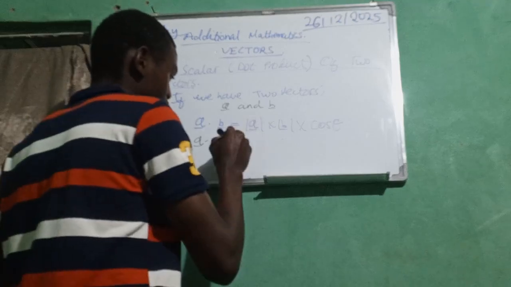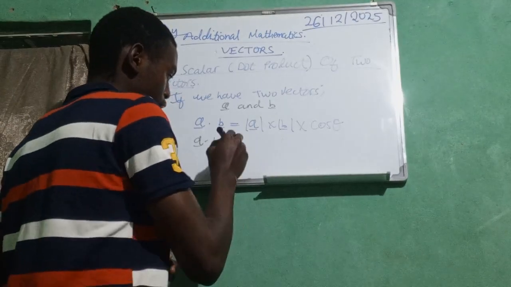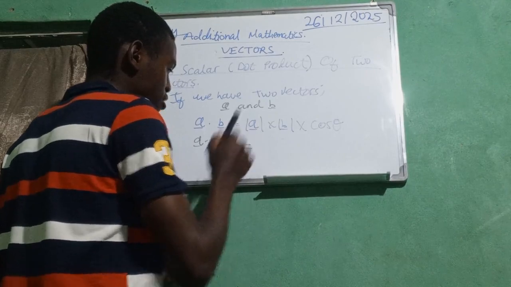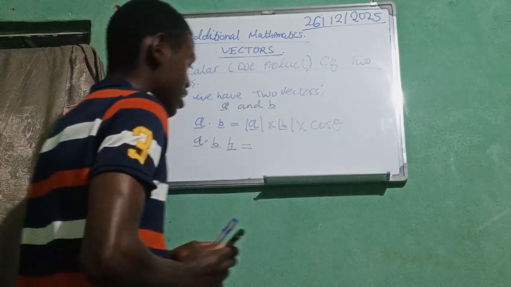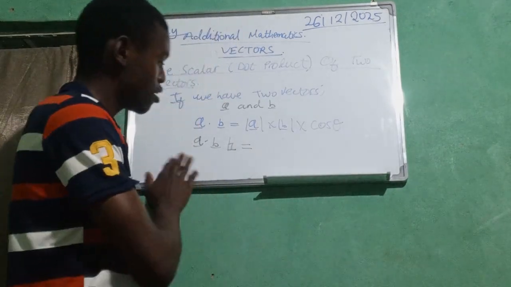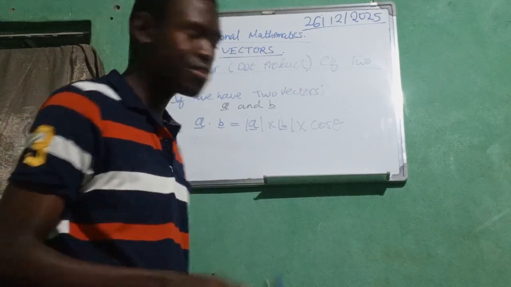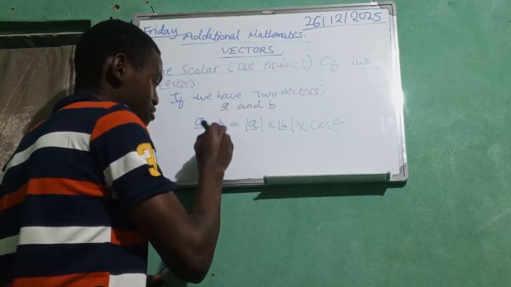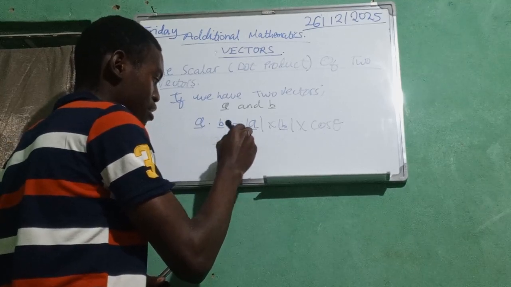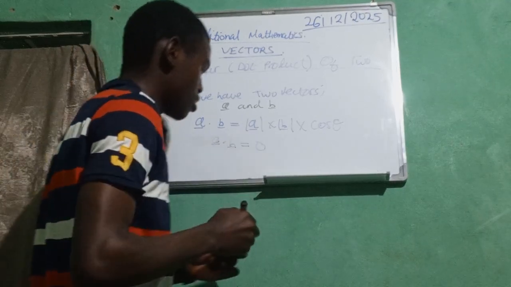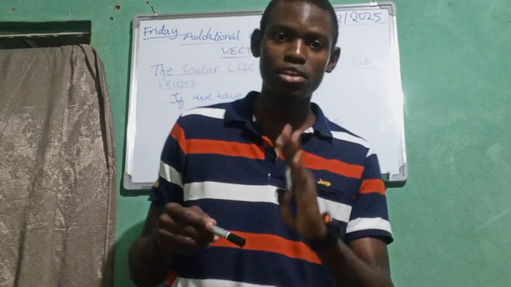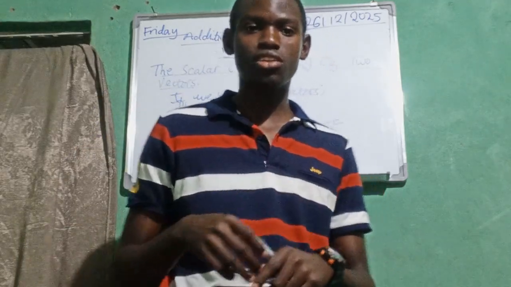That's what I'm trying to say. Then the dot product, alright? Let me repeat that. A and B are perpendicular. Then vector A dot vector B is equal to 0. If two vectors are perpendicular, their dot product is equal to 0.